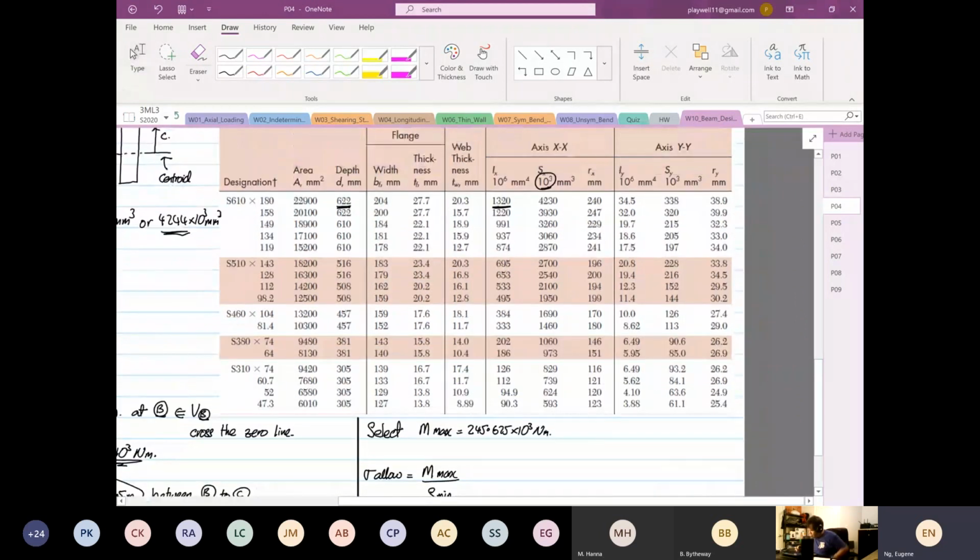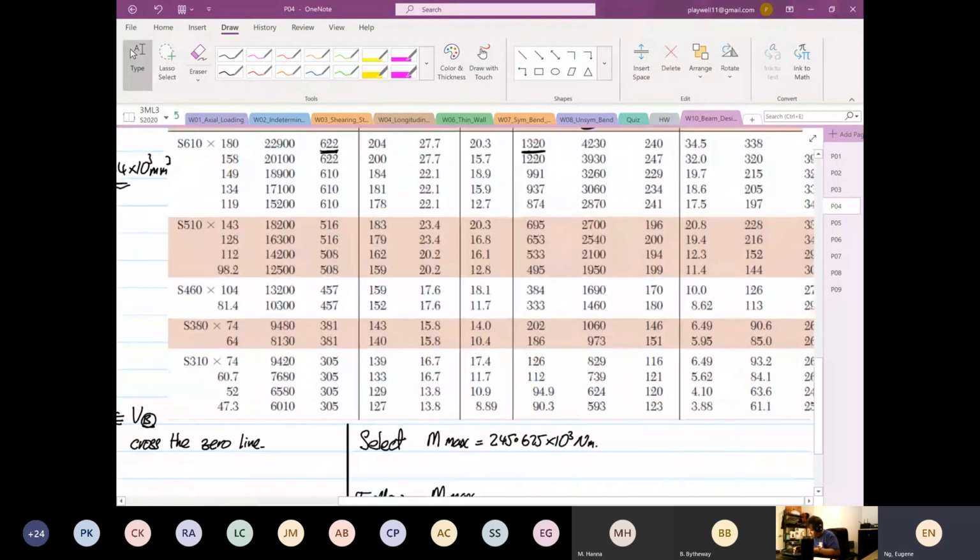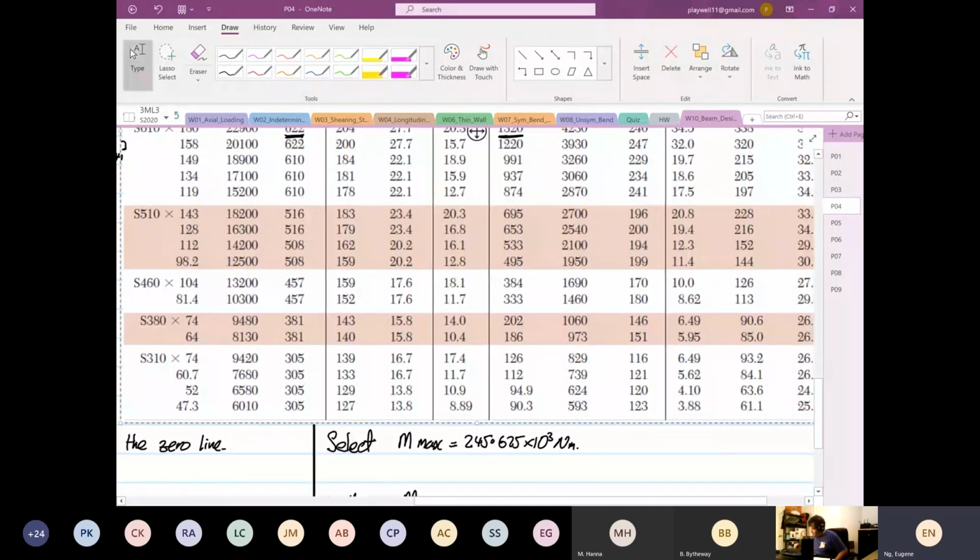Right, you can see the table. I try to maximize our table, right? So what we want is 1535.1.